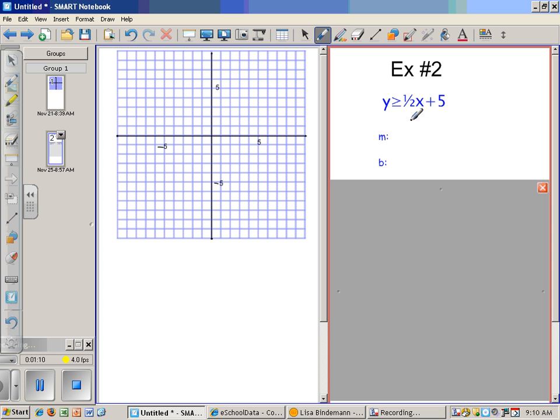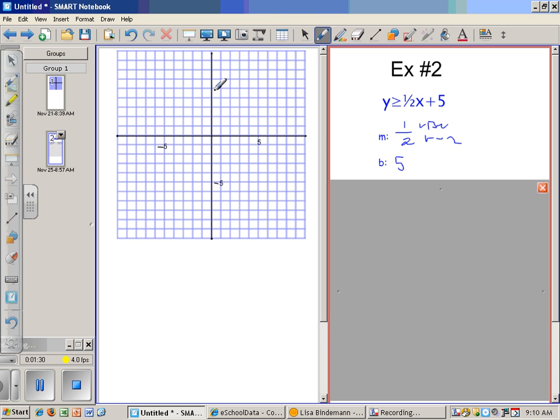So hopefully you found out that the m, the slope, is 1/2, which means we're going to rise 1 and we're going to run left or right 2. And the y-intercept is 5, so that's where we are beginning.